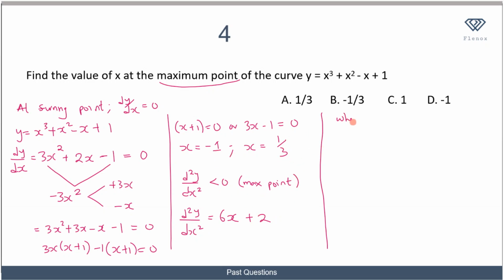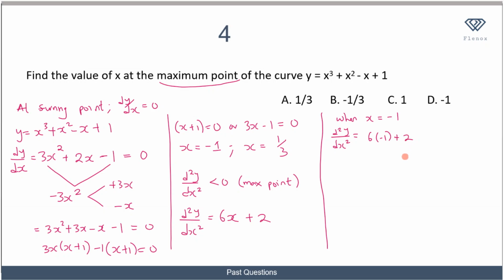So let's start with when x is equal to minus 1. Let's put that into here. And what do we get? I get d squared y over dx squared to be equal to 6 into bracket minus 1 plus 2.